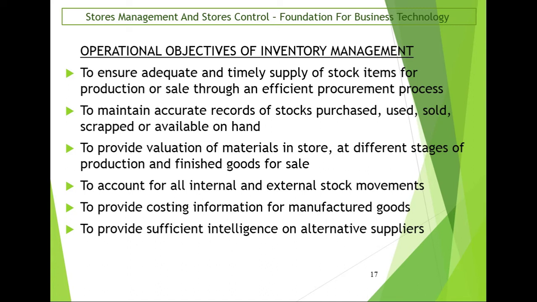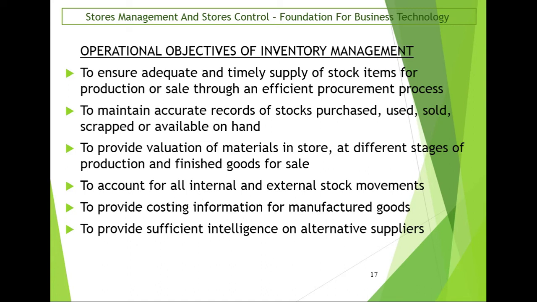So now we are looking at stock management from an operational point of view. In other words, what is it that needs to be done to ensure that stock is supplied in a timely fashion? What is it that needs to be done to ensure that when production starts, there is no shortage of stock in the factory?